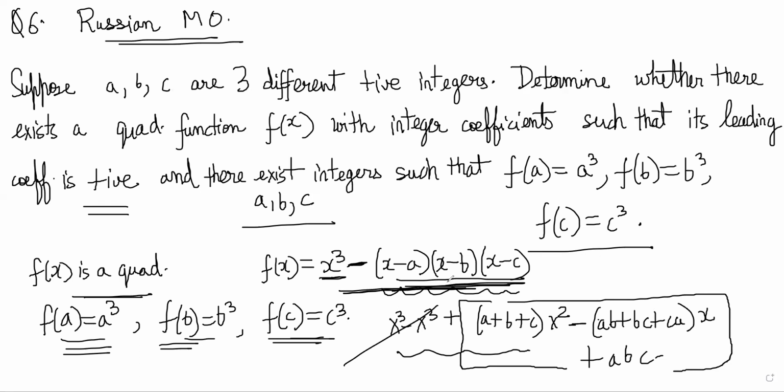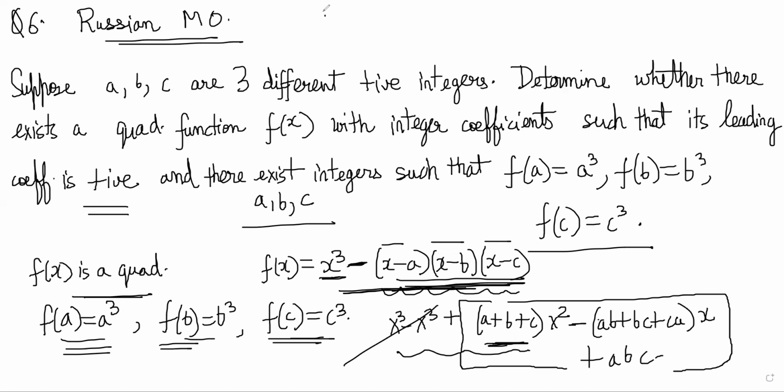So basically, this is a good guess because it still satisfies the conditions of the problem, right? It still satisfies f of a equal to a cube, because if you put a, b, or c, these terms vanish, and you now have a quadratic. A plus b plus c is positive, so the leading coefficient is also positive, and you are satisfying the conditions of the problem.